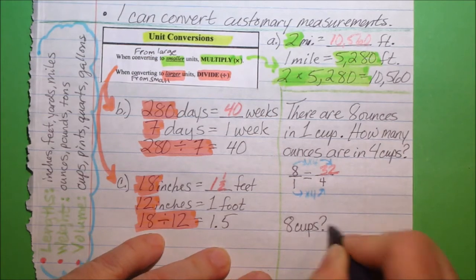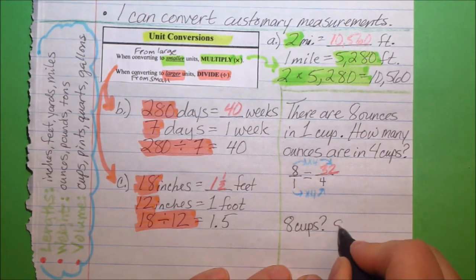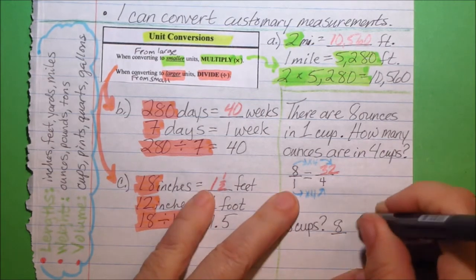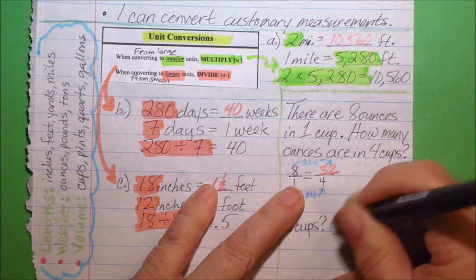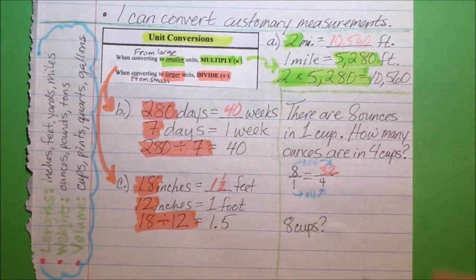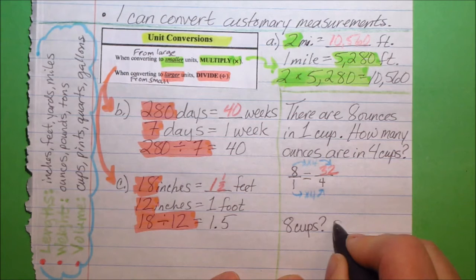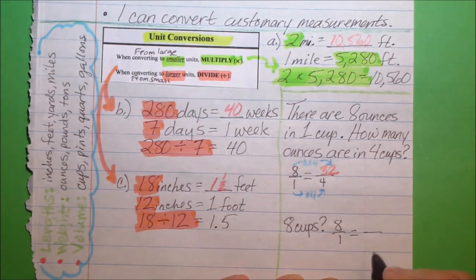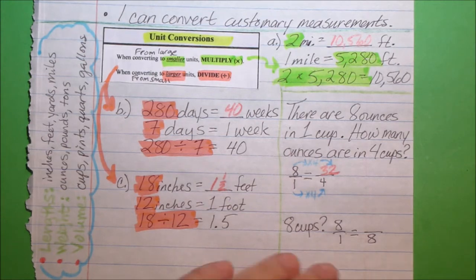Okay, how about if it was 8 cups? All right, I know that there are 8 ounces in 1 cup, but I want to know how many ounces if there are 8 cups. Well, what did I have to do to build this 1 up to an 8?